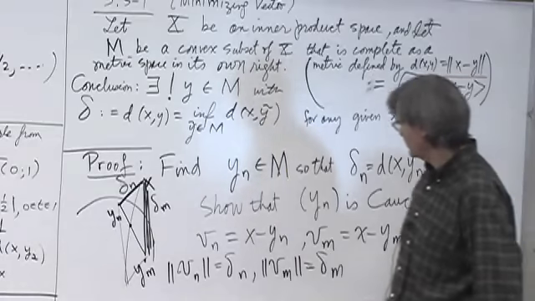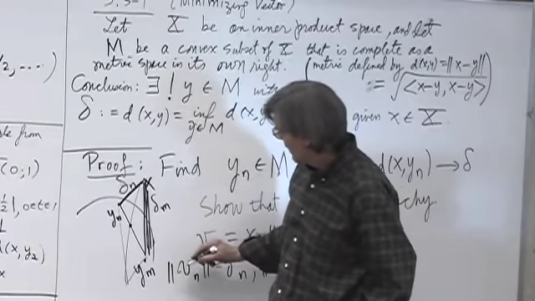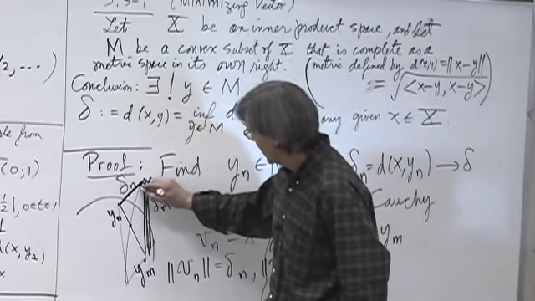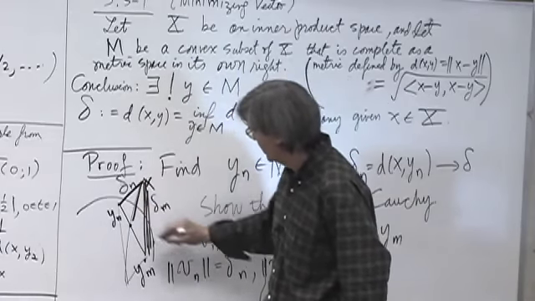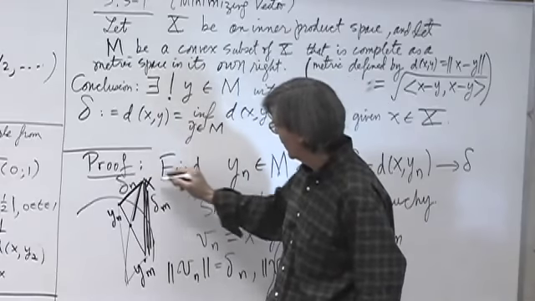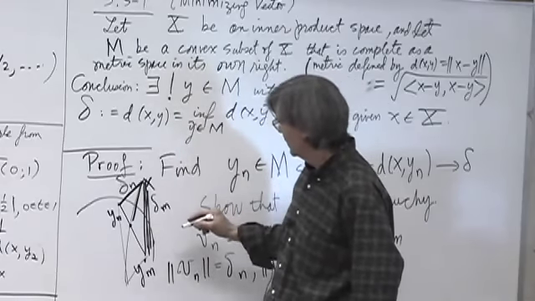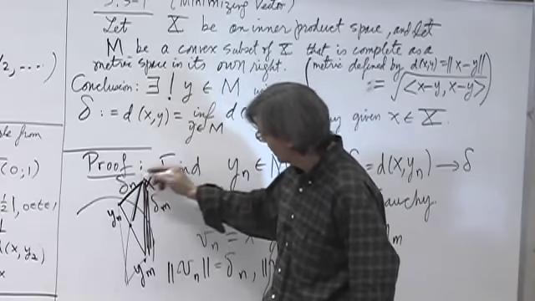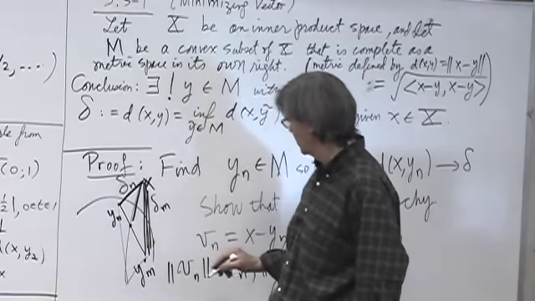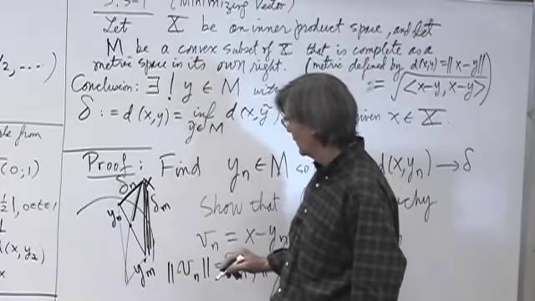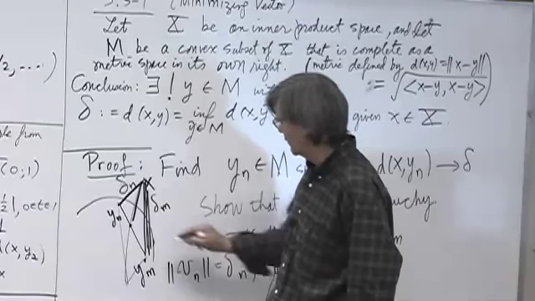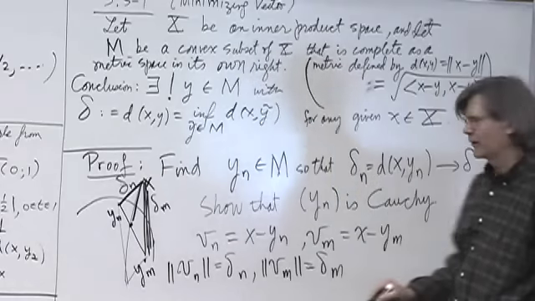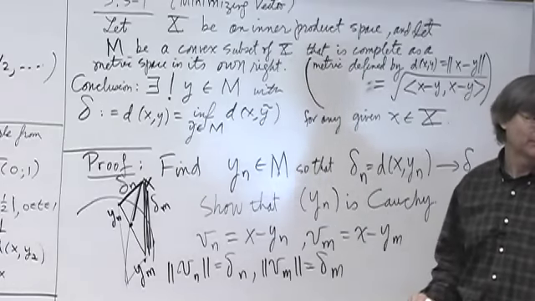Now, if I average them: x minus yn is the vector from yn to x, so this way and this way. If I average those, I get the vector from the midpoint here to x, which is half one of the diagonals.